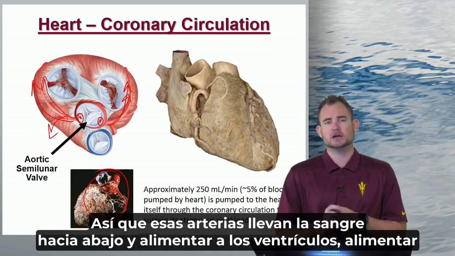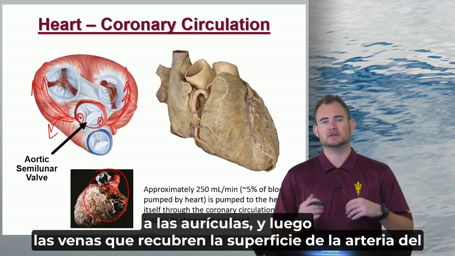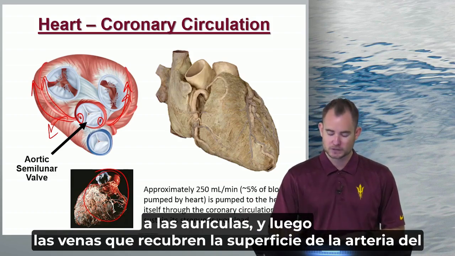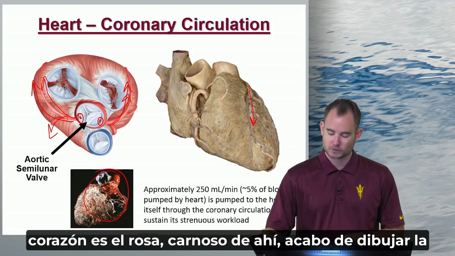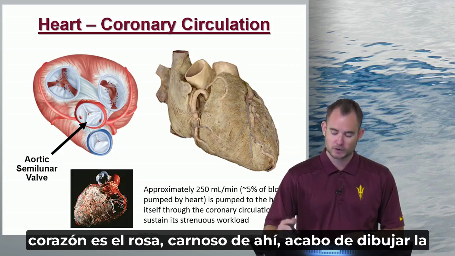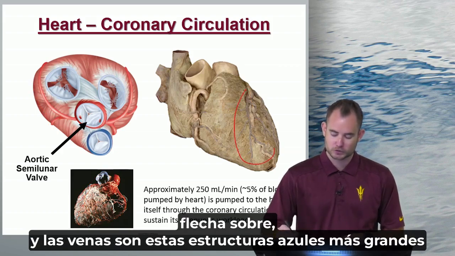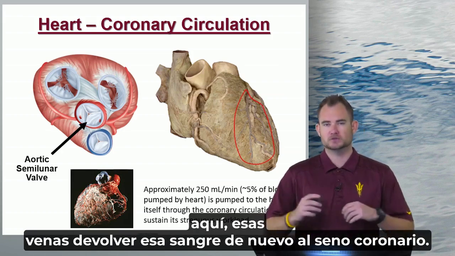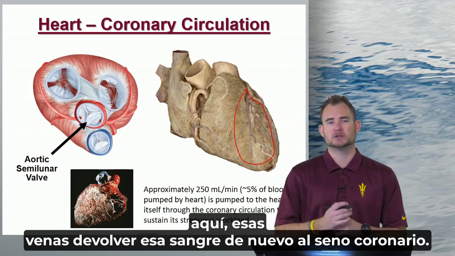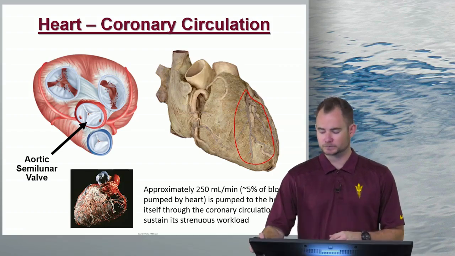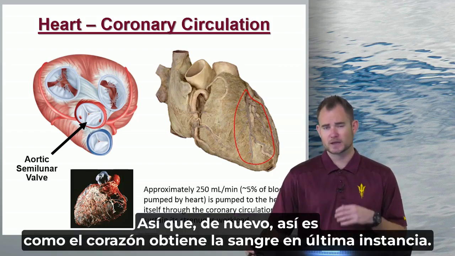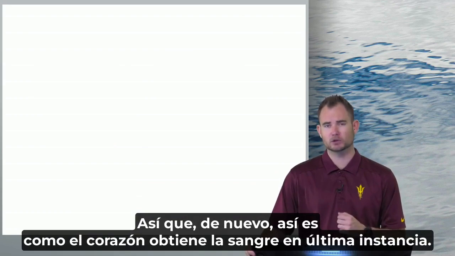So those arteries carry blood down and feed the ventricles, feed the atria, and then veins lining the surface of the heart. Artery being the pink fleshy one right there. I just drew the arrow over, and the veins being these larger blue structures right here. Okay? Those veins returning that blood back to the coronary sinus. So again, that is how the heart ultimately gets the blood.